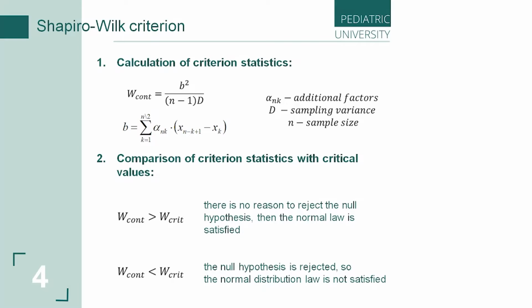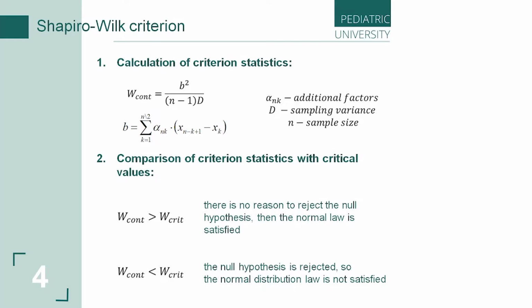At the end of your book, you can see these special tables for different criteria, and choose the coefficient alpha from these tables. This is the value that depends on the sample size. Then the value that is in parentheses, this is the value that we get as a result of calculating the criterion table.